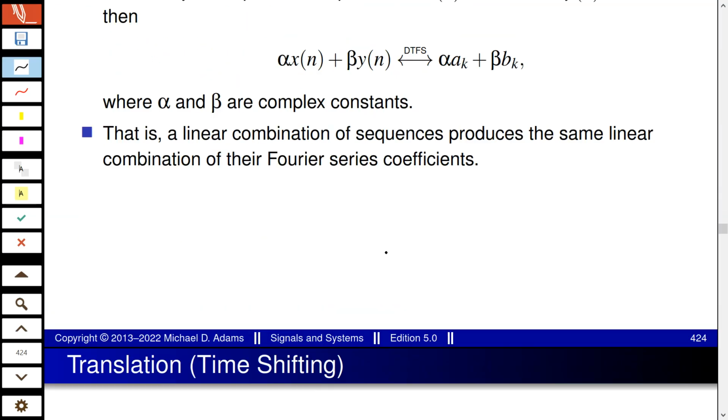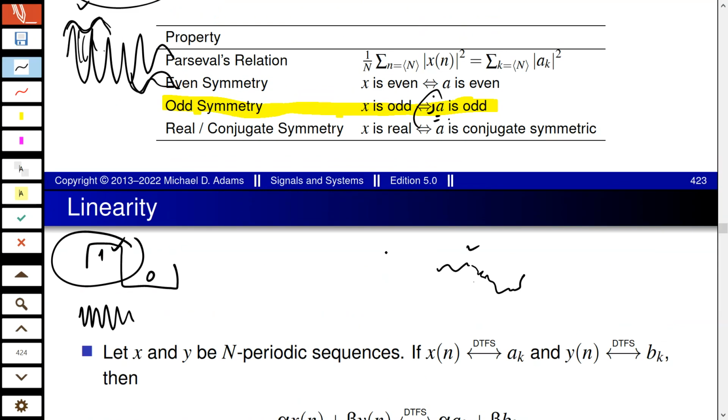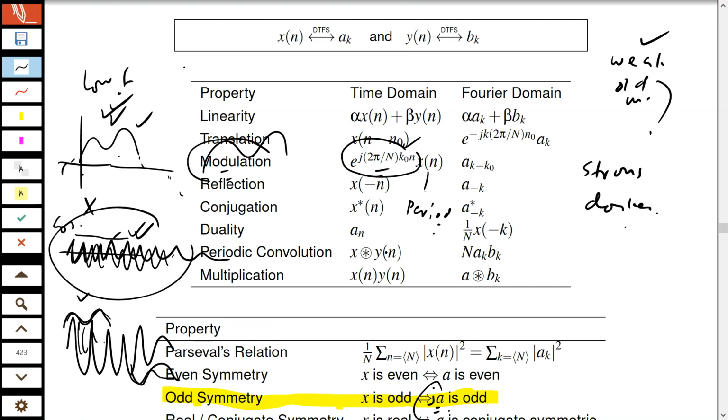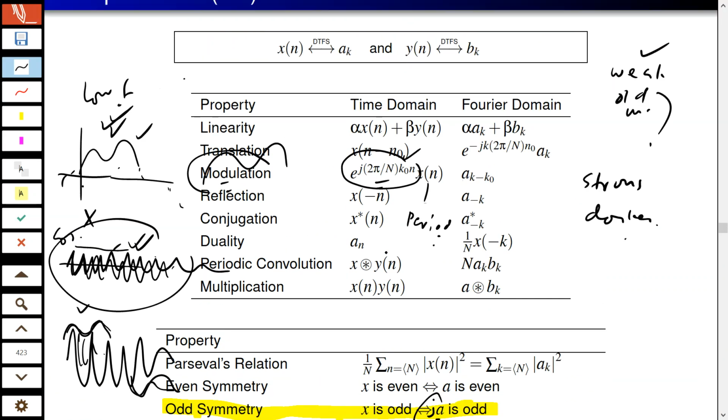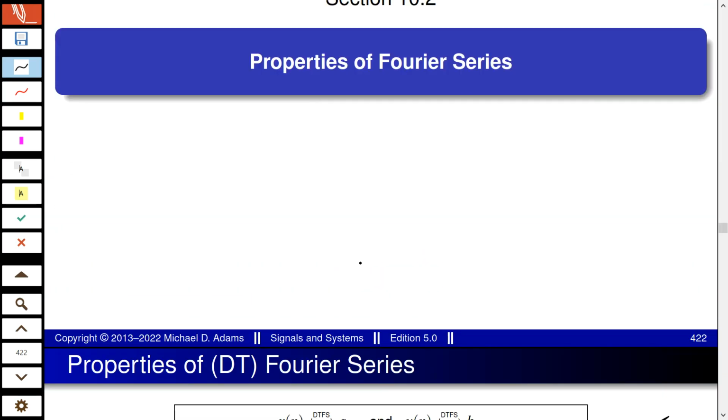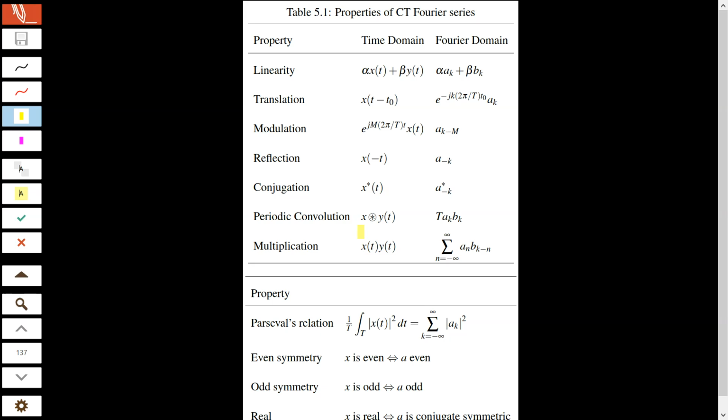Sir, all the properties in continuous time are understandable, but the last ones, the periodic convolution and the multiplication properties, don't make any intuitive sense. You mean in discrete time or continuous time? In continuous time, sir. This is the table of properties.